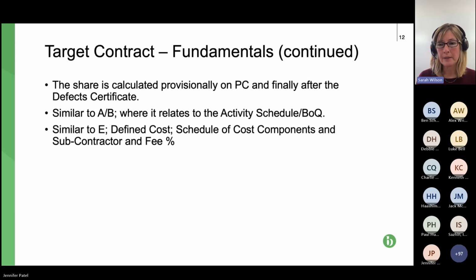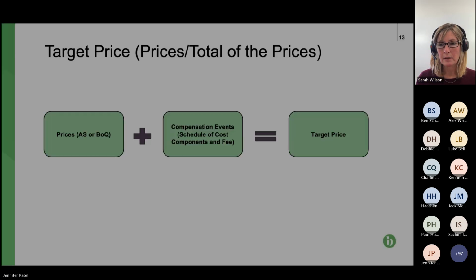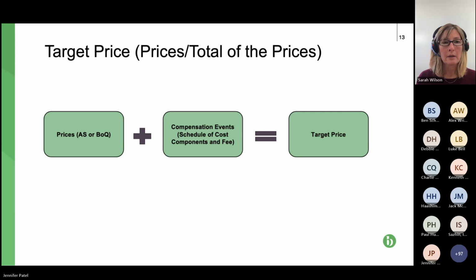Next slide, please, Jan. This is just a pictorial representation of what we're talking about. It's what I'm referring to as the target price, the target cost. In NEC, it's referred to as the prices and the total of the prices.